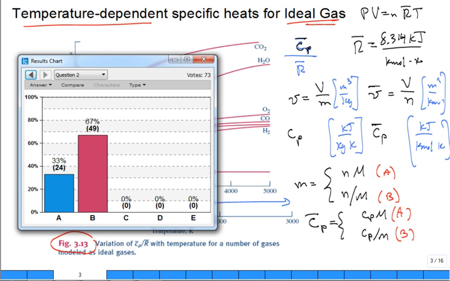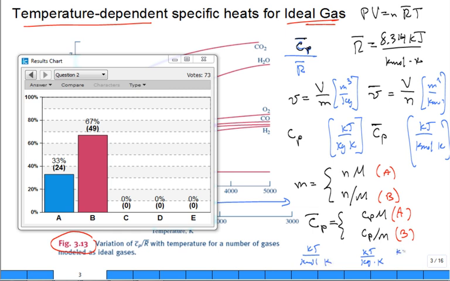Let's chase units to help determine the right answer. C sub P is kilojoules per kilogram Kelvin. Over here, I want kilojoules per kilomole Kelvin. I better put kilogram per kilomole there, true? Cancel the kilograms, leave me the kilomole per kilomole. So I multiply by M.